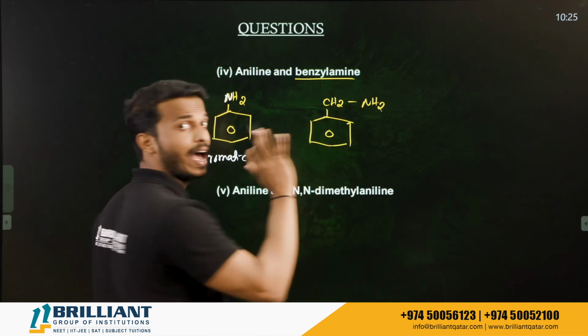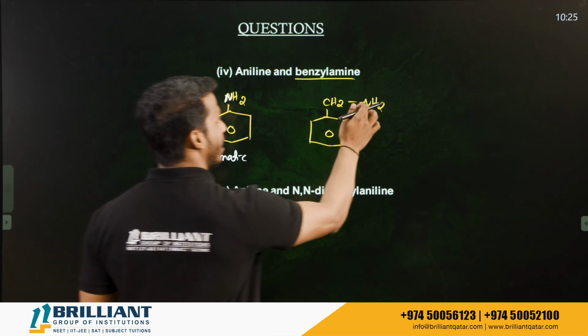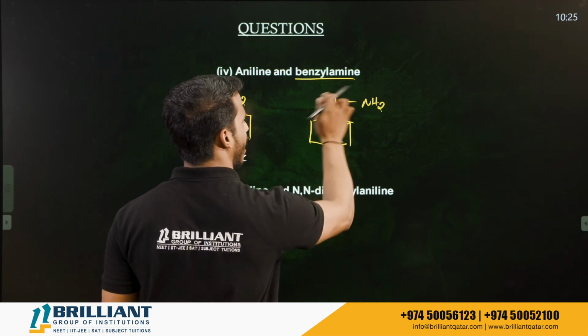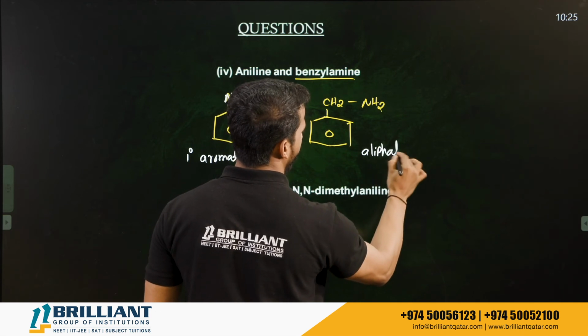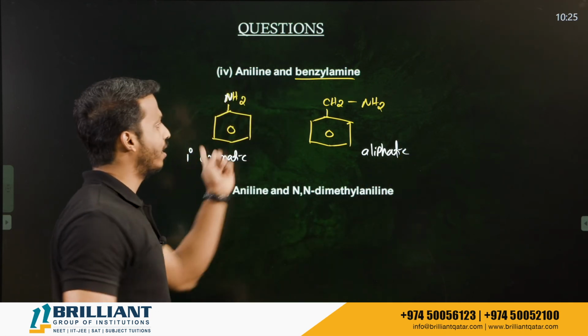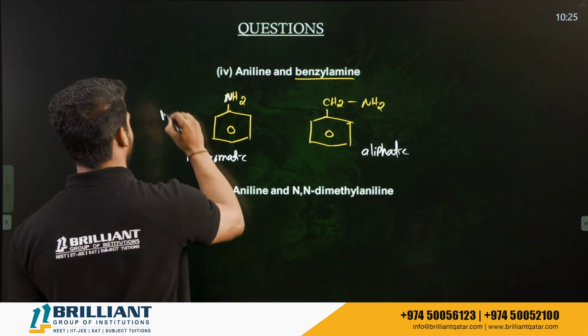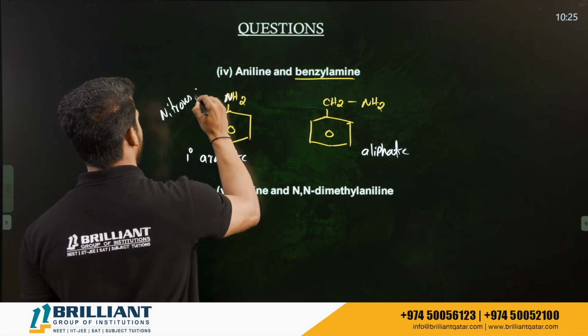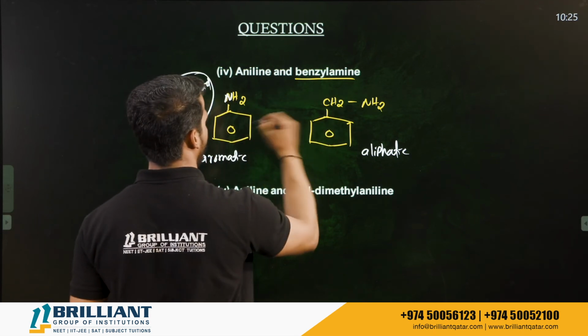Whereas here it is not aromatic. Don't think that all compounds containing benzene are aromatic amines. Here the nitrogen is not on the benzene ring, it is on an alkyl chain, so this is aliphatic type. Aromatic and aliphatic amines can be distinguished through the nitrous acid test. The aliphatic one will give alcohol, the aromatic one can't.